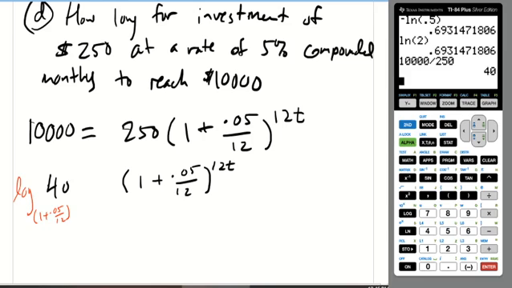Change this expression into something we can evaluate on a calculator, like ln 40 over ln of 1 plus 0.05 over 12, to get t.